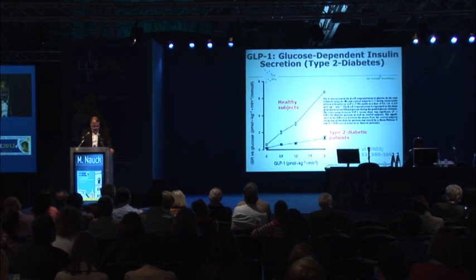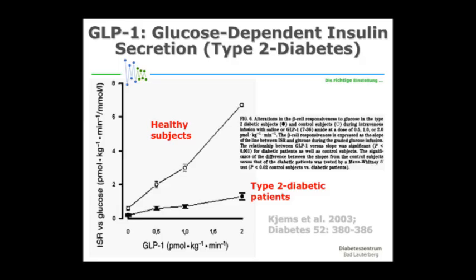And I have to explain this figure because I'm sure you will not understand such a complicated unit on first glance. So what Lise Kjems did in this study, she performed different experiments, basically infusing different levels of GLP-1.